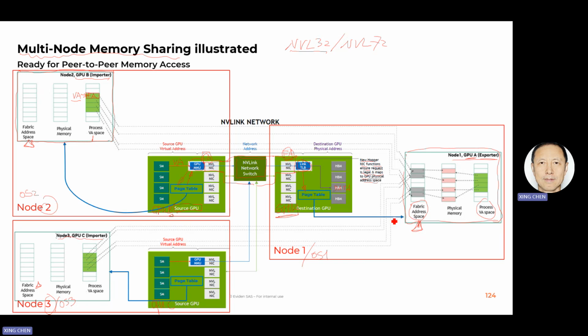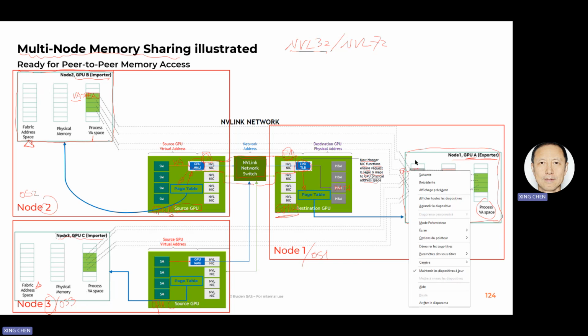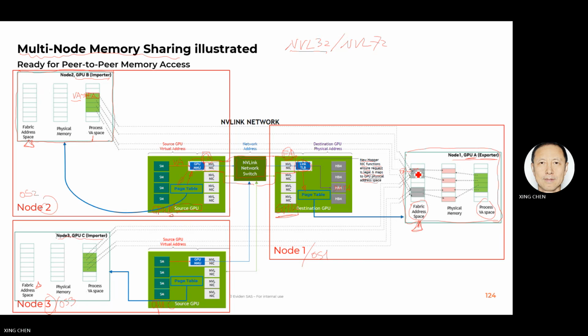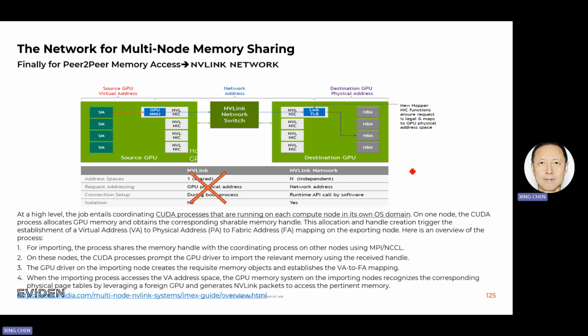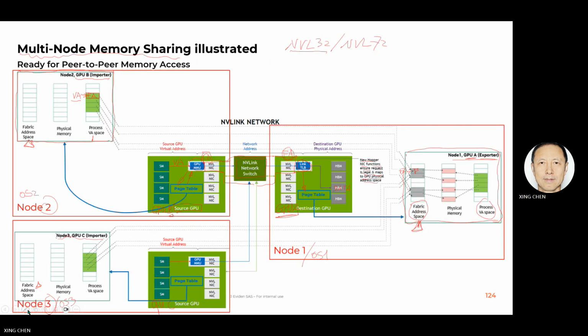Okay. And by referring to this page table, the GPU is going to use the fabric address as the index and try to find out what's the entry for this fabric address. And what it is going to find is a physical address here.